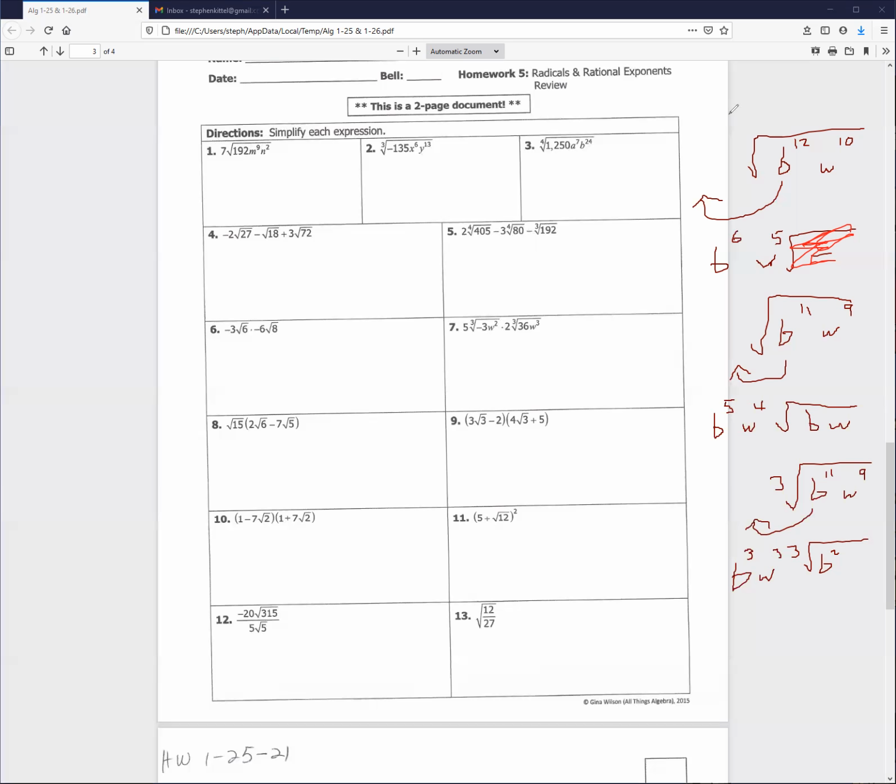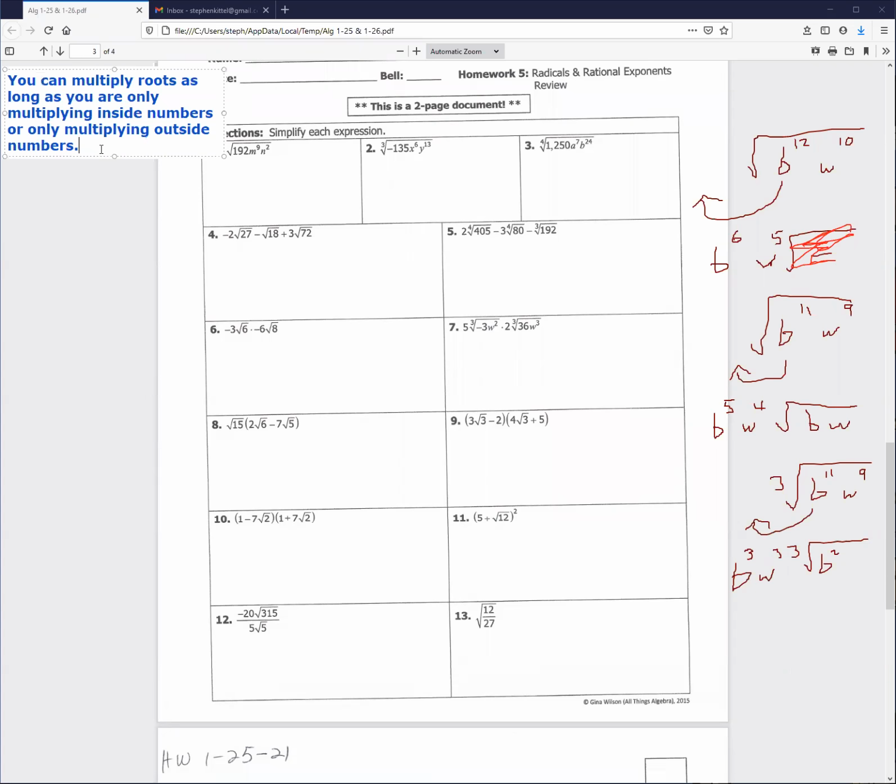With other questions, I want you to remember that you can multiply roots as long as you are only multiplying inside numbers or only multiplying outside numbers.